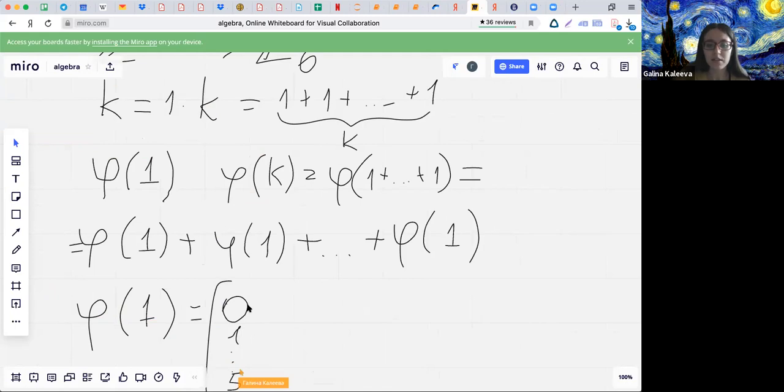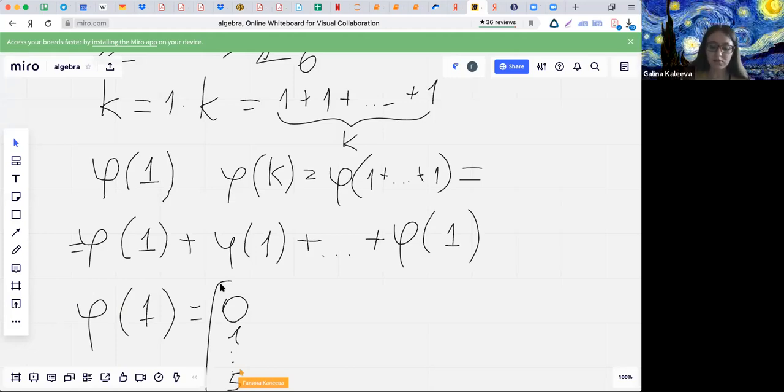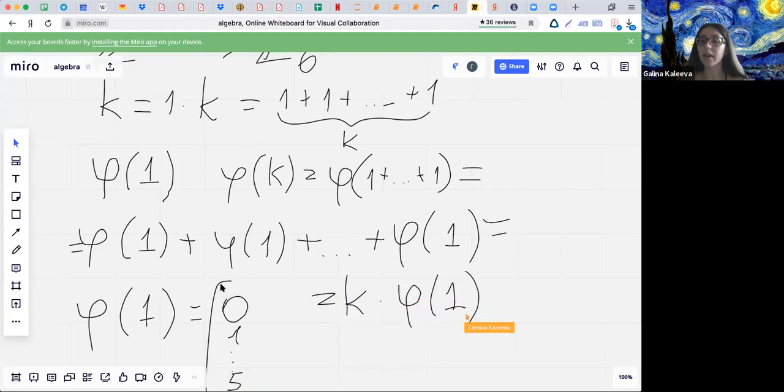And knowing this, we'll know the whole homomorphism. Do you agree? How can I find the image of k? I'll write down something like that. This is k multiplied by the image of 1. And that's all. And this is a homomorphism from our group of integer numbers to our group of remainders.